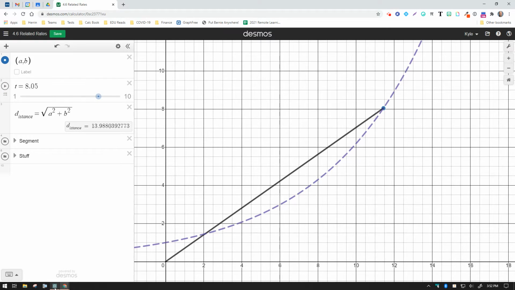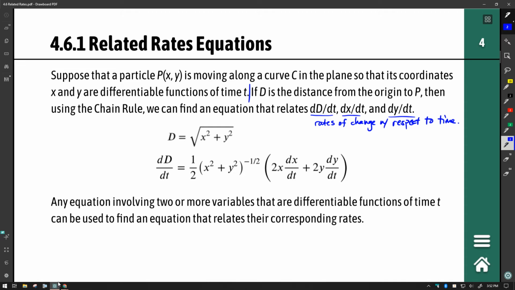So what does that mean for us right now? It means that if we write that equation that gives us the distance of the line segment, we can differentiate with respect to time, that we can take d dt of both sides of this equation, and we end up using some sort of like implicit differentiation to differentiate x and y, because x and y are functions of time.